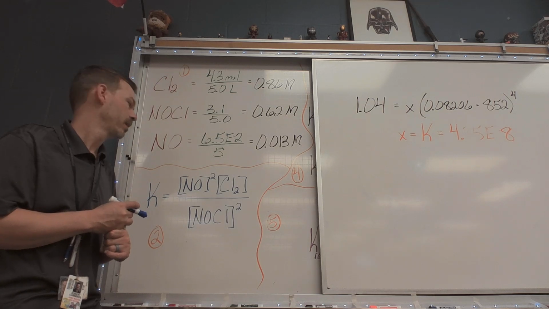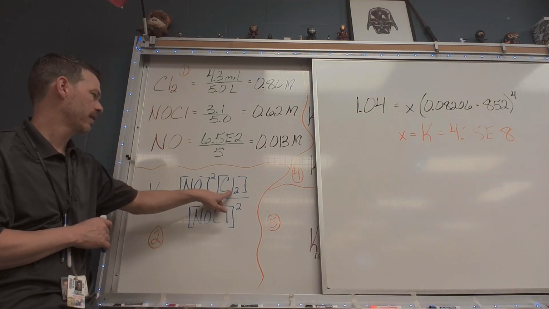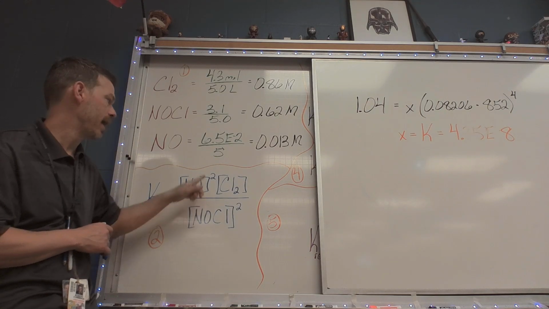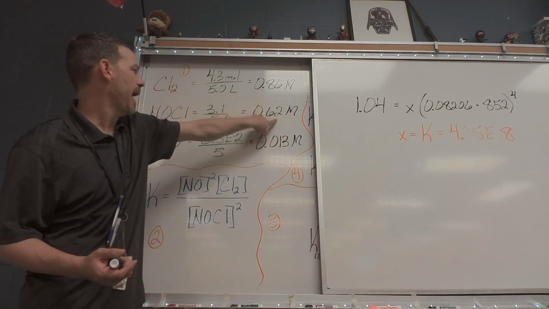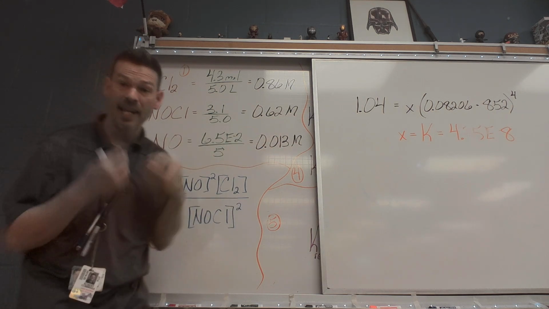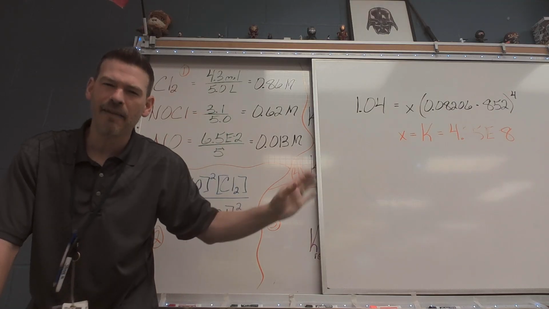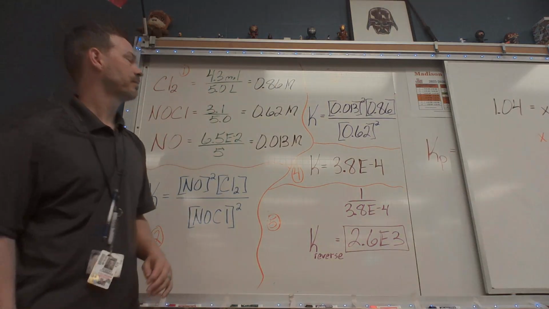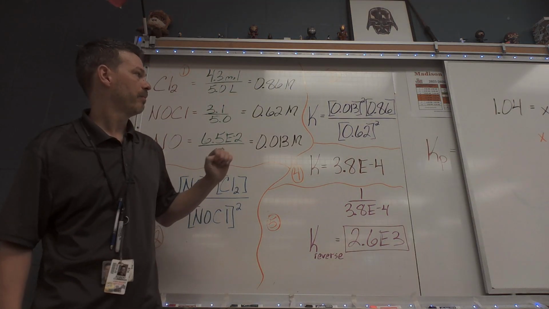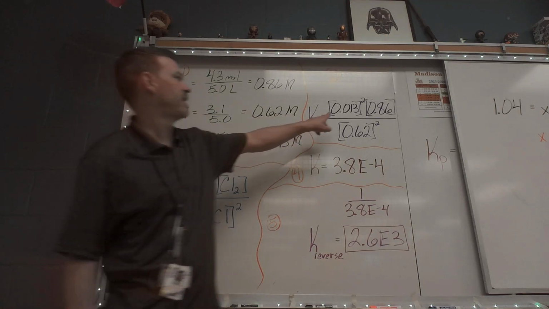Here's the unsubstituted equation. All right? Those are the products. That's the reactant raised to the power of their coefficients. So all I have to do is plug the black numbers into those spots, and it'll give me K. But remember, it doesn't want K. It wants K for the reverse reaction. So look. Here's my substitutes.